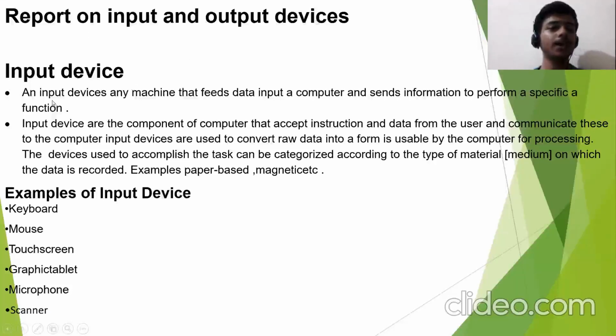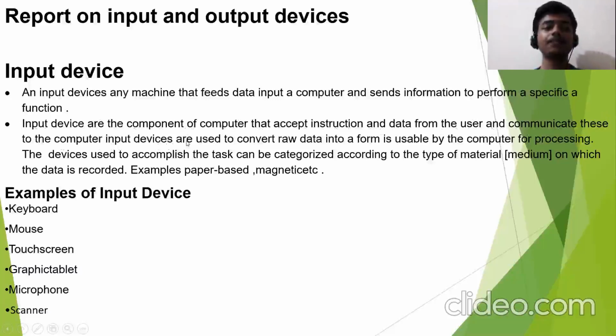Input device. An input device is any machine that feeds data into a computer and sends information to perform a specific function. Input devices are the components of a computer that accept instruction and data from the user and communicate these to the computer.